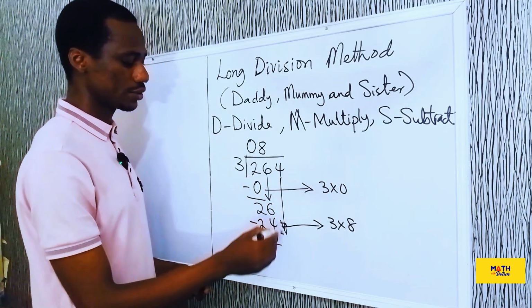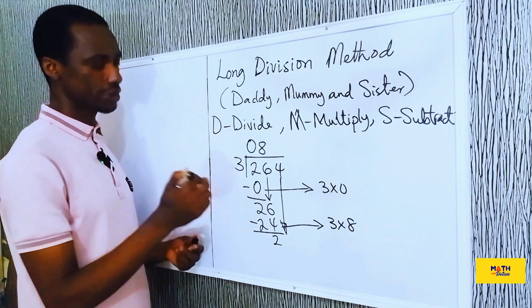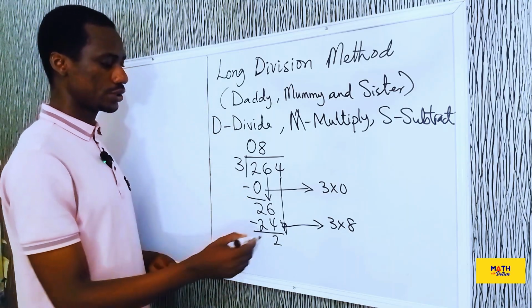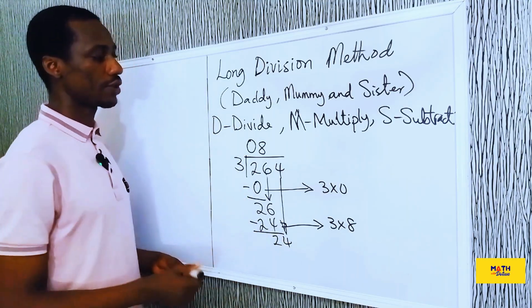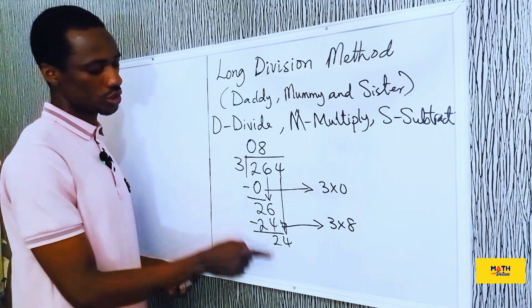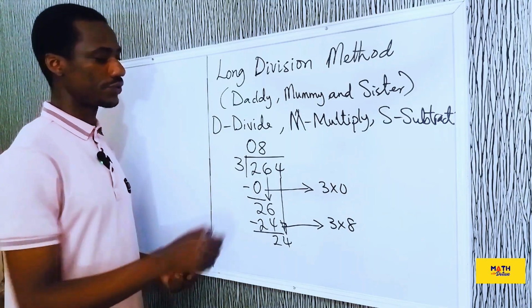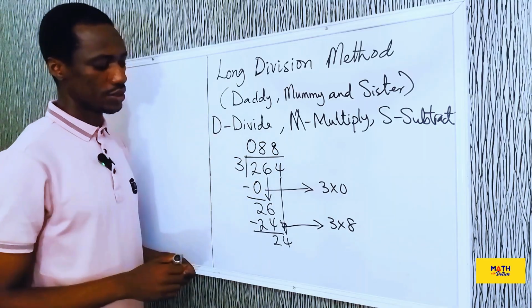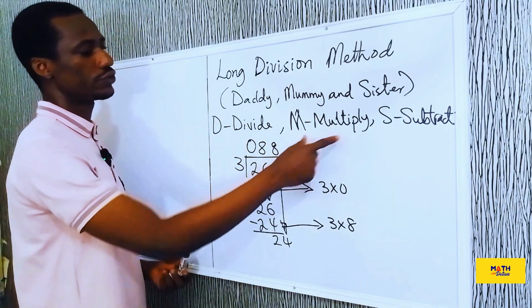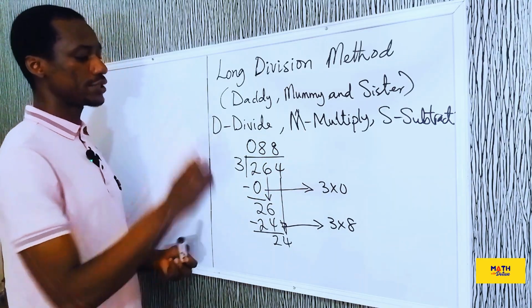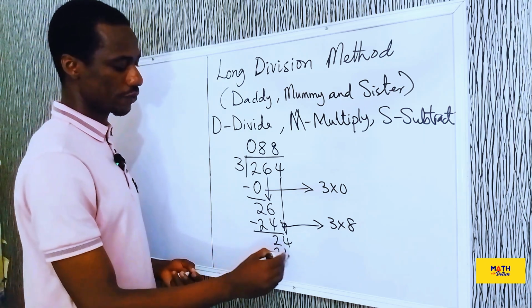We'll take the procedure again, Daddy, Mommy, Sister. We'll start with Daddy. Now that we have 24, divide. 24 divided by 3, we've just said, is 8. Then move to Mommy, multiply. 3 times 8 is 24.